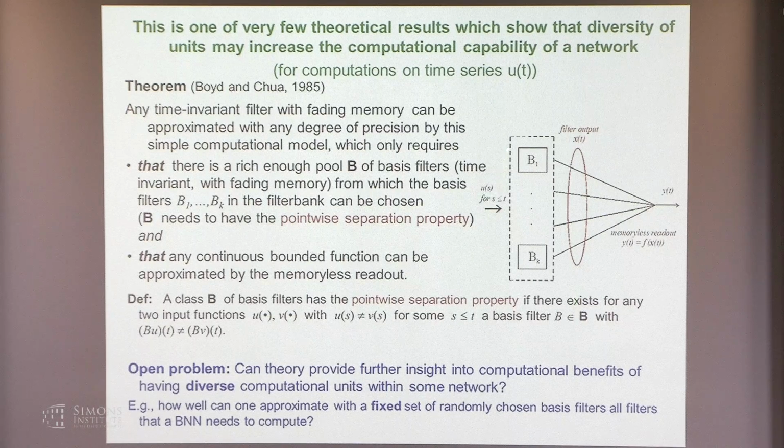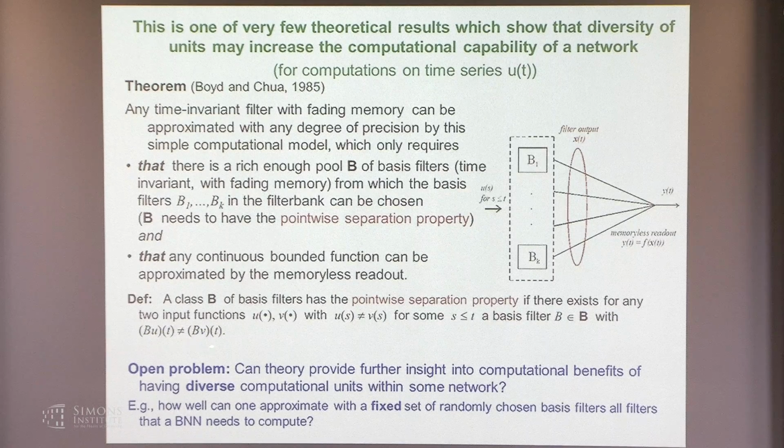But then here, it's enough to have in parallel a filter bank where each of them is a filter, and altogether this ensemble has to satisfy this pointwise separation property. This is a demand on the diversity of the selection of filters, because it says when you have any two input functions on which this filter has to operate, which used to be different at some point in the past, there has to be some filter in this pool which gives a different output for these two functions at the current time step.